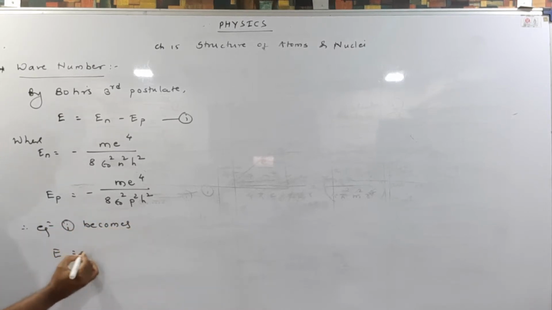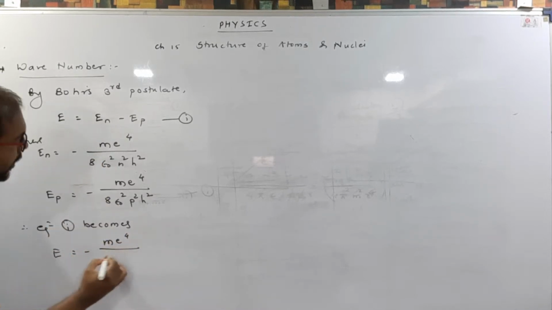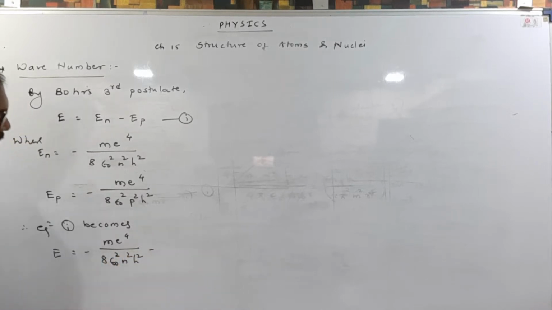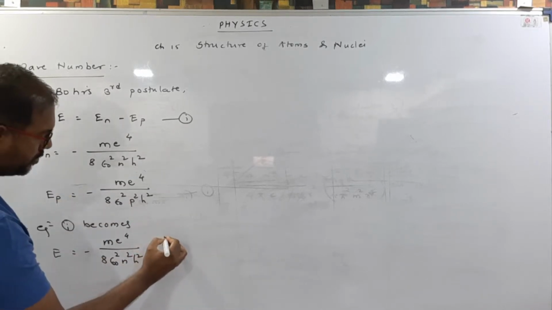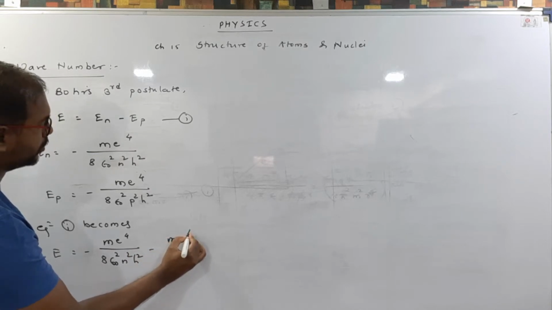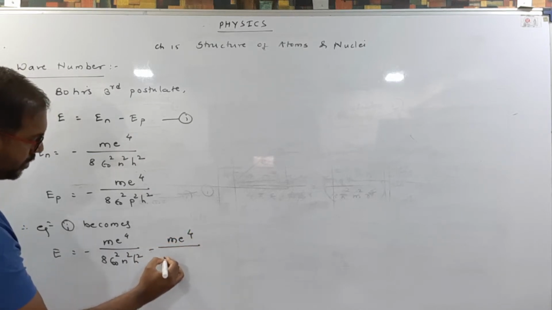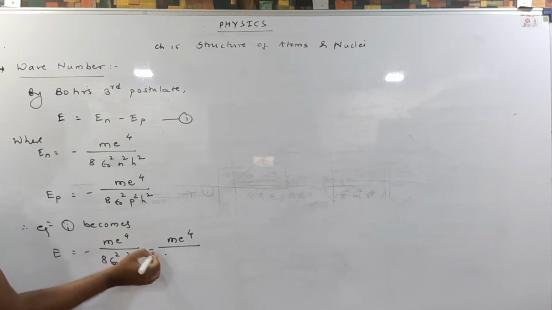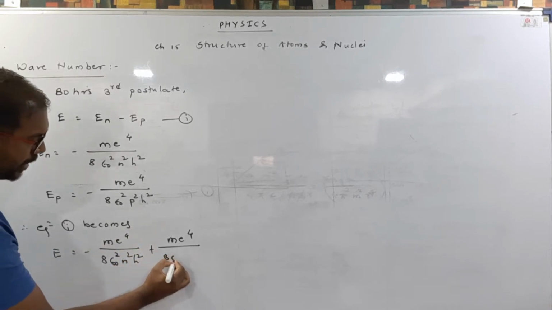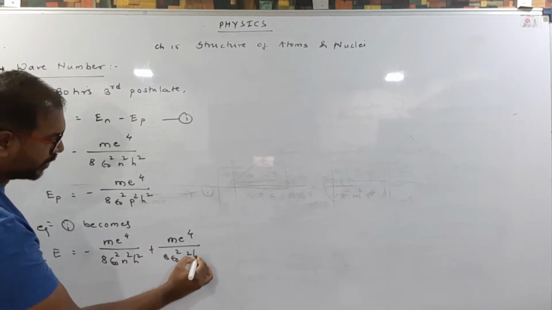E is equal to minus me raised to 4 divided by 8 epsilon 0 square n square h square, minus minus me raised to 4 divided by 8 epsilon 0 square p square h square. So minus and this minus, so here plus.